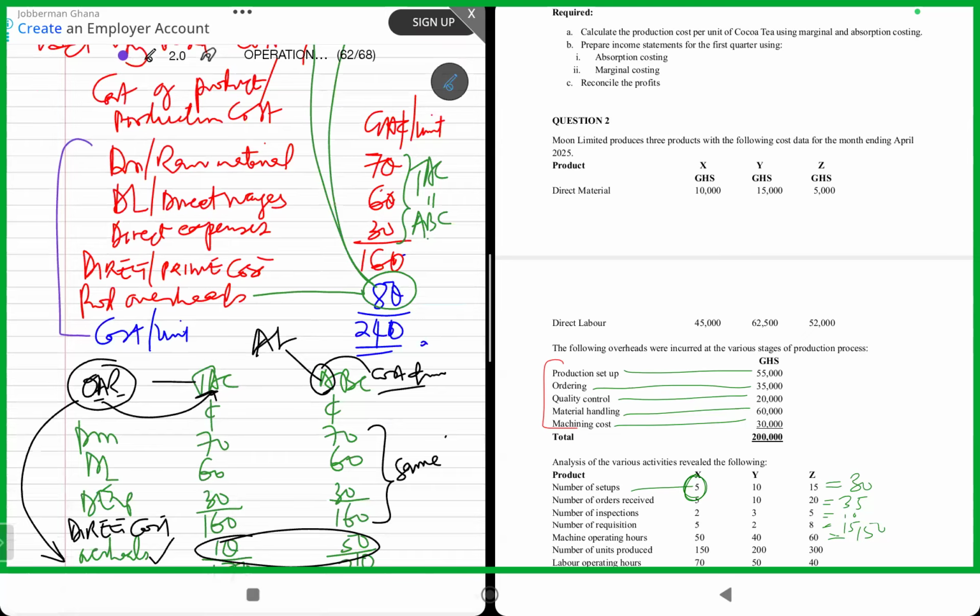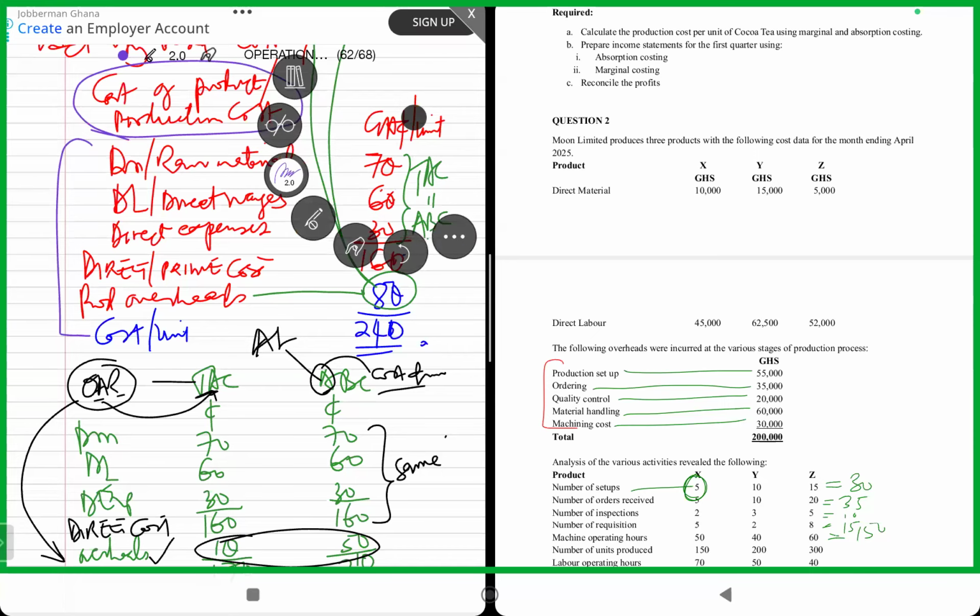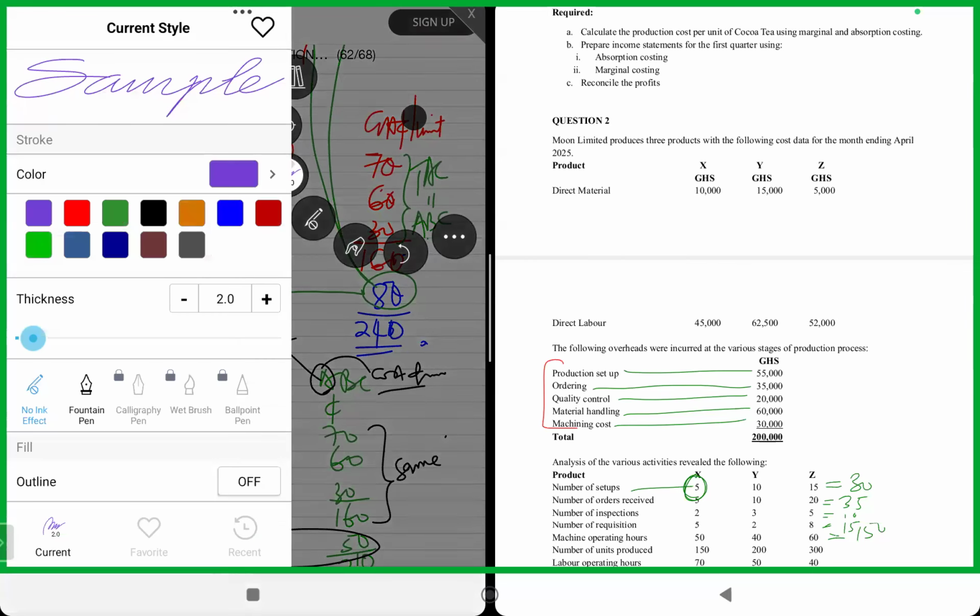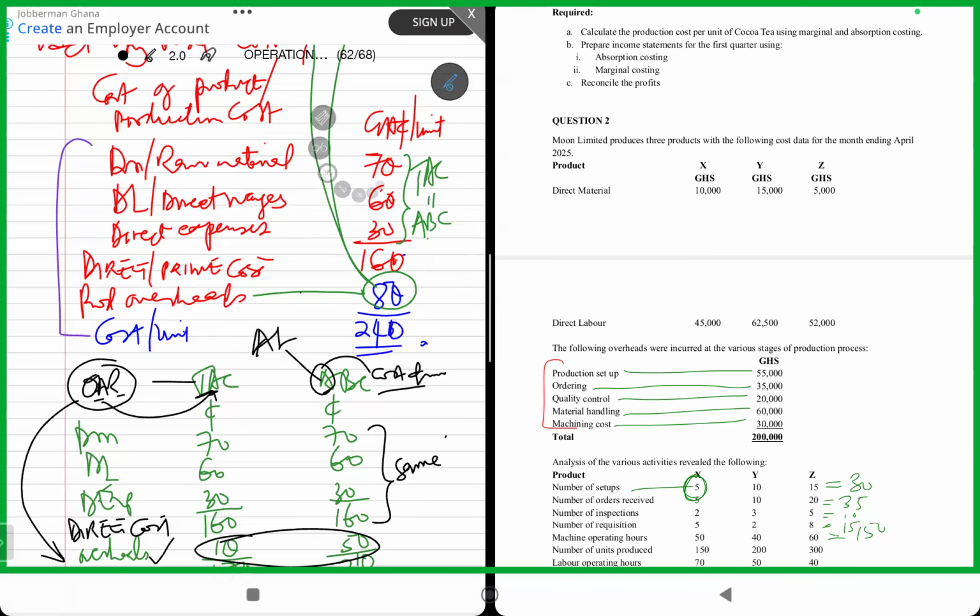We are costing a product. What do we first start with? OAR? Direct material. Product cost. Can't you see product cost here? I'm saying we are costing a product.